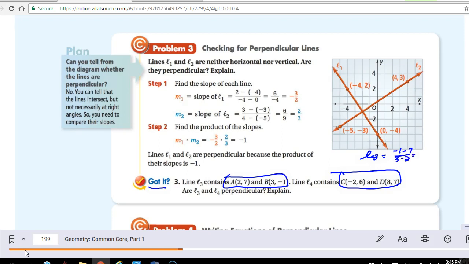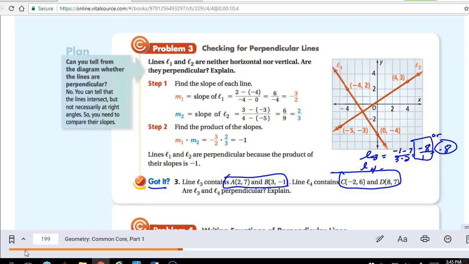Just be consistent in the way that you're doing those, and you'll be fine. And so I end up with negative 8 over 3 minus 2, which is 1, or just negative 8. Either way is fine. That or that says the same thing.